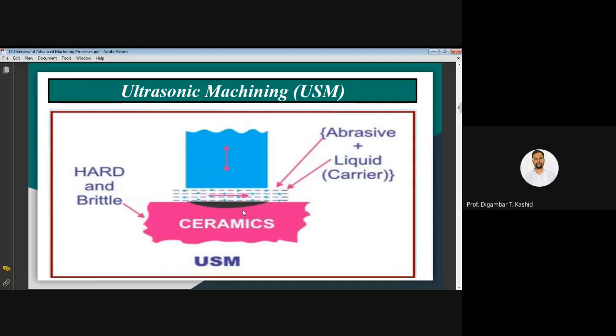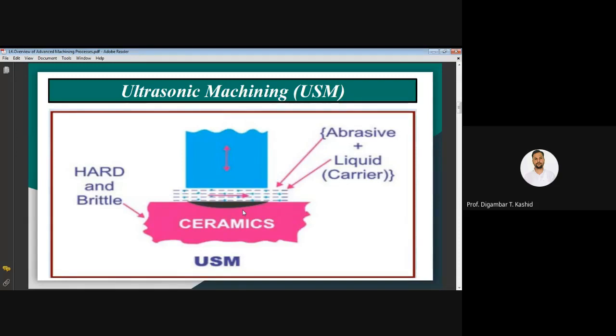Now, how are we going to get the vibration, which device or element are we going to use? We will see that in detail in chapter number 2. But here I will just say we are going to use a magnetostrictive transducer. Then we will have one tool holder, and in that tool holder our tool will be there.